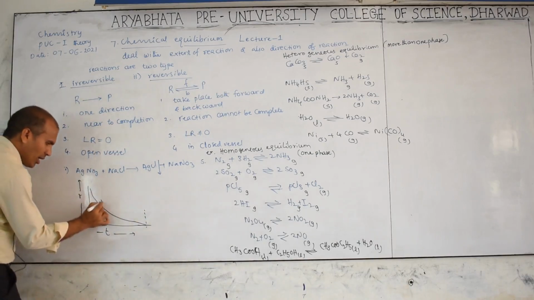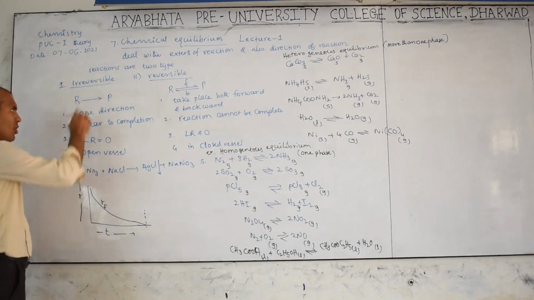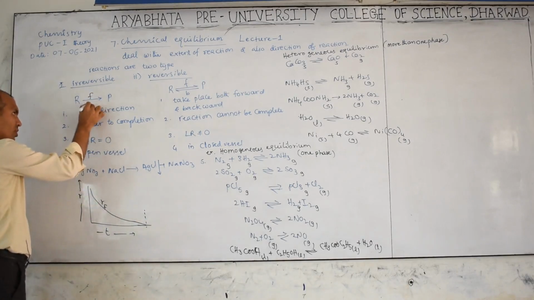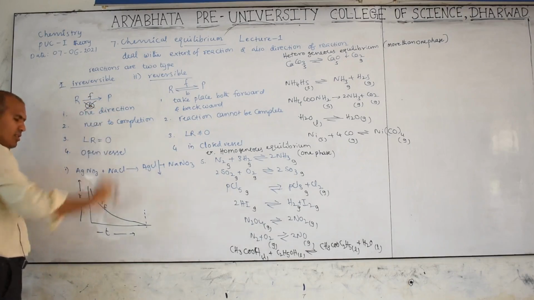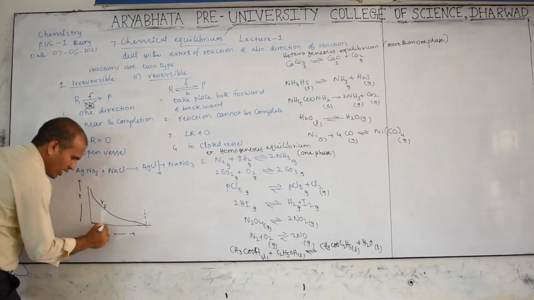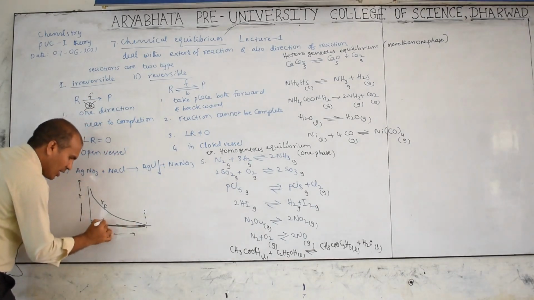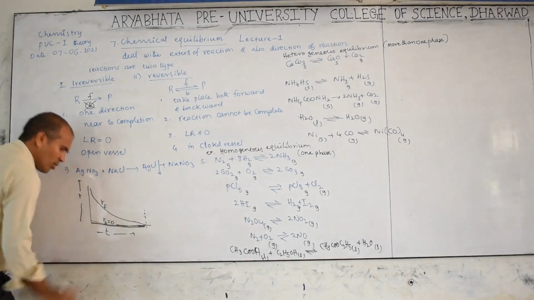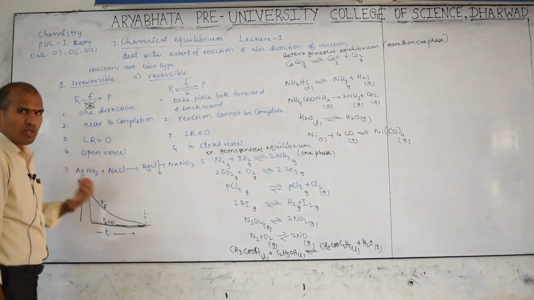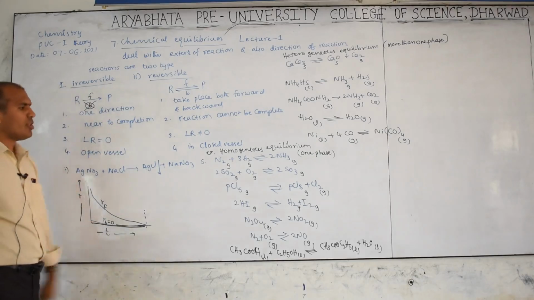This is called the rate of forward reaction. Only the forward reaction takes place; the backward reaction does not take place. So the rate of backward reaction is zero, because product does not convert back into reactant.